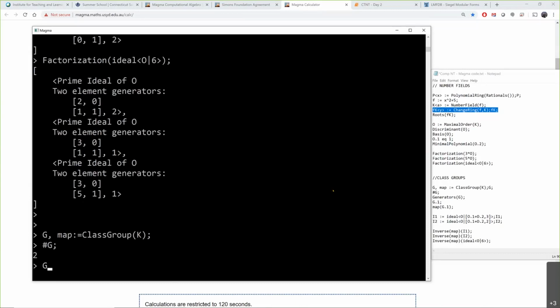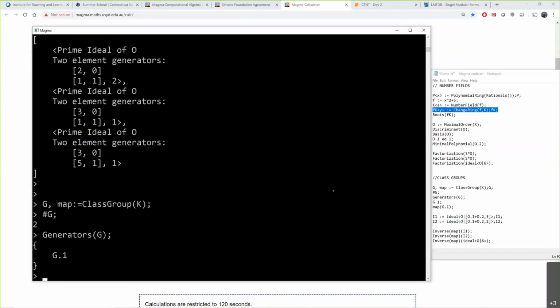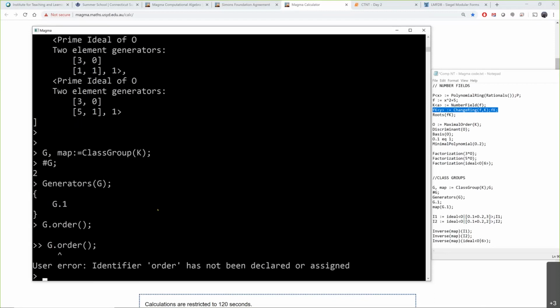So I can look at, well, what are the generators of my class group? And again, Magma is not extremely helpful. It just tells me, yes, there is one generator. All right. That's where that map comes from. So in Magma, there are commands where the output is more than one thing. So class group tells you the structure of G as an abelian group. So you can query things.